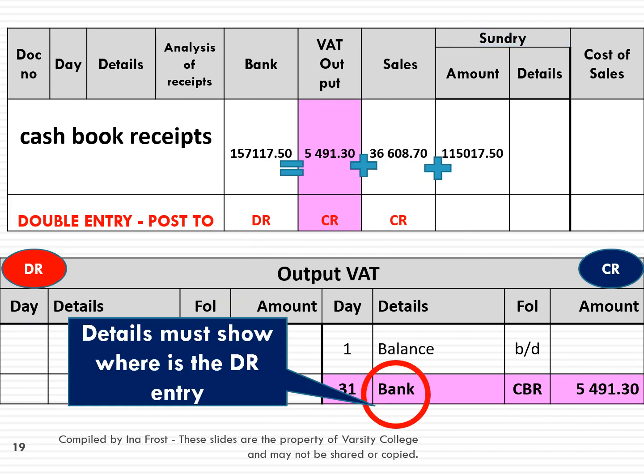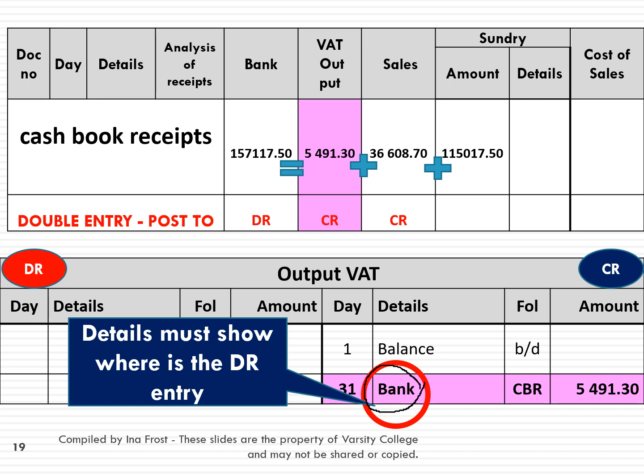On this slide, I'm just reminding you again that your details must be a general ledger account name and it must tell us where is the other side of the entry. So that someone who looks at this general ledger must be able to tell the whole story of this transaction. And so when you look at this entry, you can now clearly see, oh, okay, the debit side of this entry can be found in the bank account.